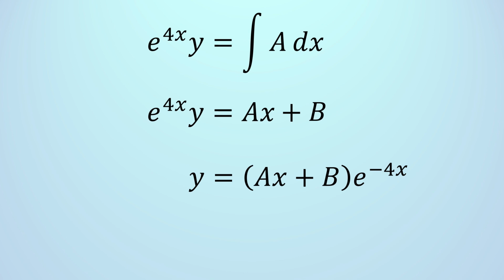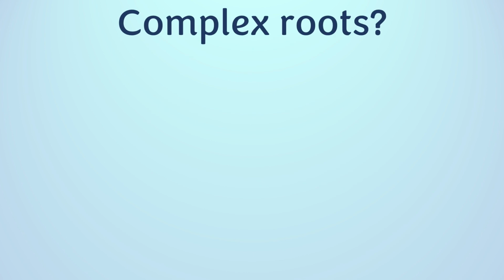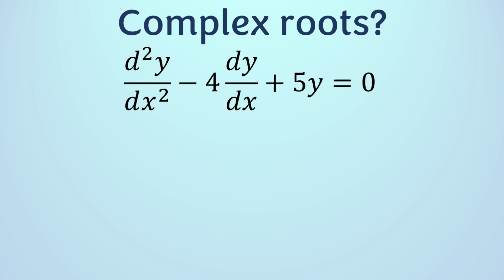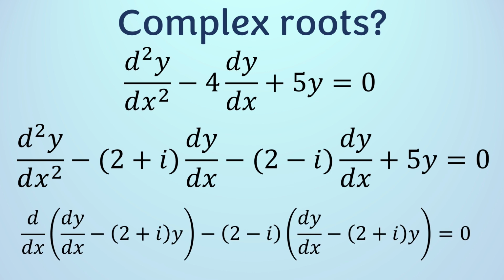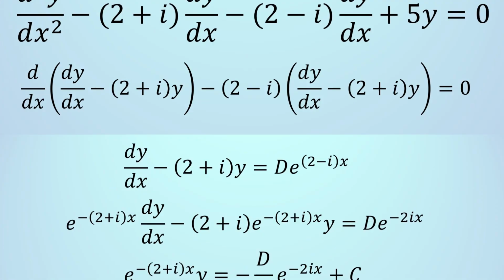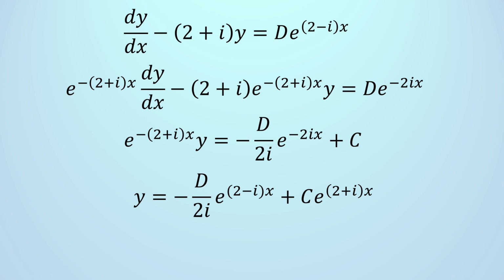But in case any of you are wondering what happens with the third case, which is what happens if there's complex roots for your auxiliary equation, well, the reality is it is exactly the same sort of scenario you had with two distinct real roots, because you can still split up the quadratic by thinking of two numbers that multiply to make the number on the end and add to make the number in the middle, and do all the factorizing and then solving the differential equations in the exact same way as we did before.